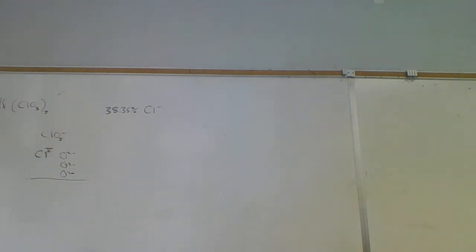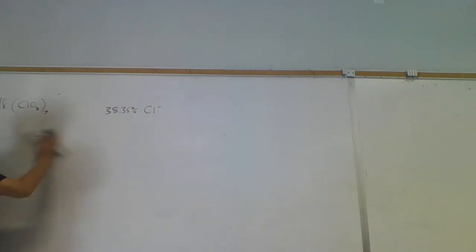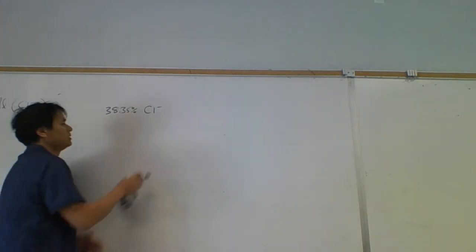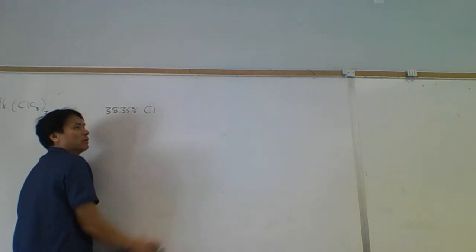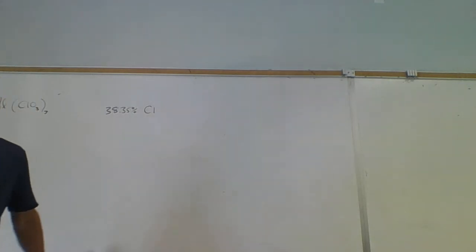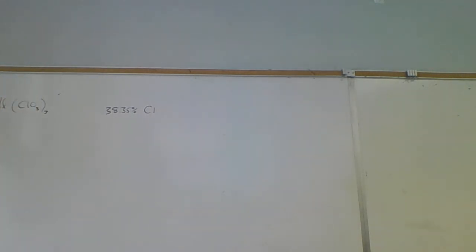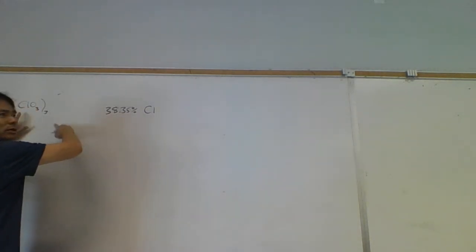And so we need to change this. We shouldn't say that aluminum chlorate is 38.35% chloride. This is obviously a typo, because they should have said aluminum chlorate is 38.35% chlorine. And then it's not a problem, because there are chlorine atoms in chlorate.